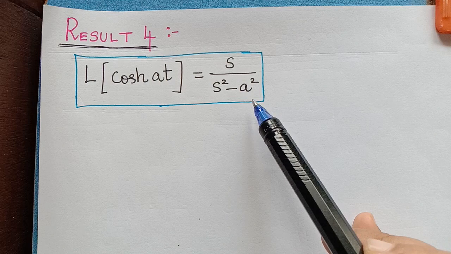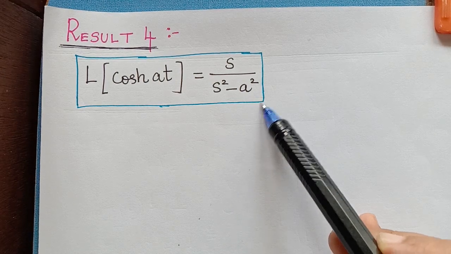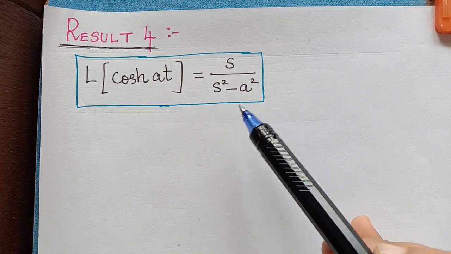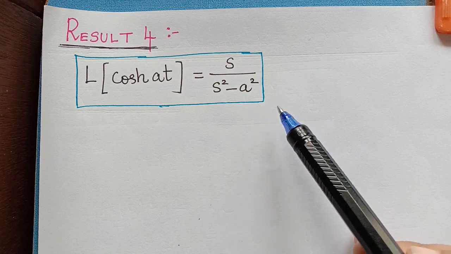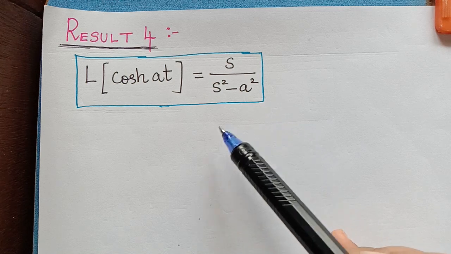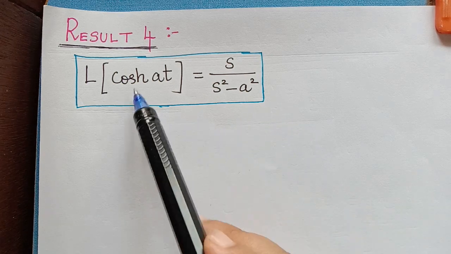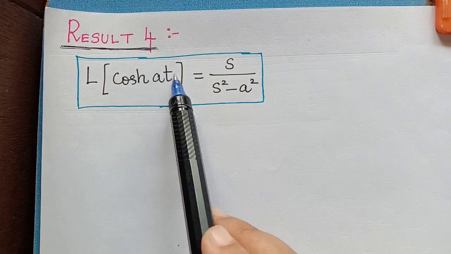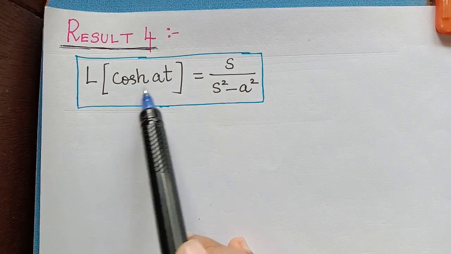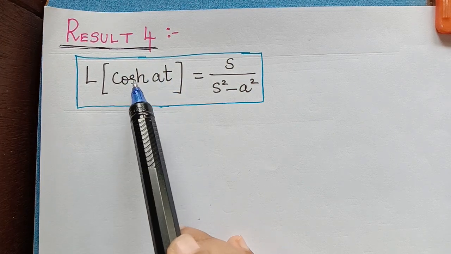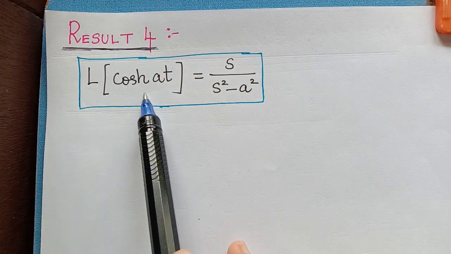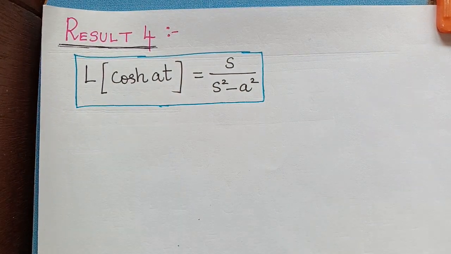This result will be proved with the concept of hyperbolic functions which we have learnt in our previous semester. Now by using the hyperbolic function, we will be replacing cosh at in terms of exponential function, and then we will be applying the Laplace transform for that.